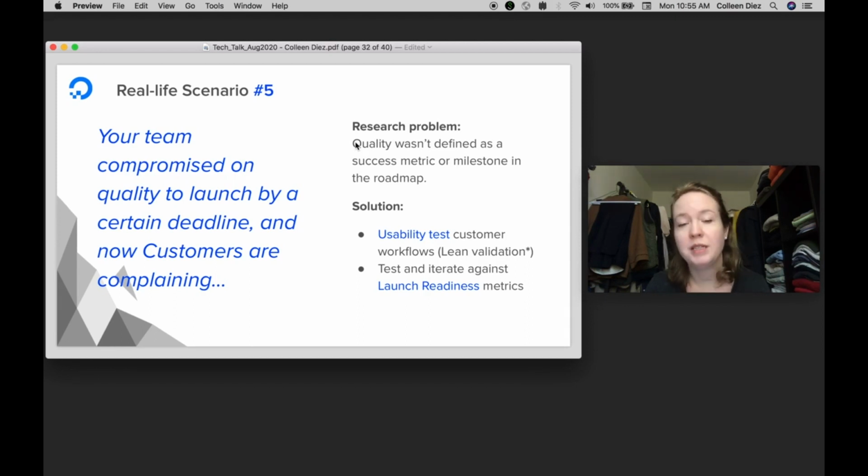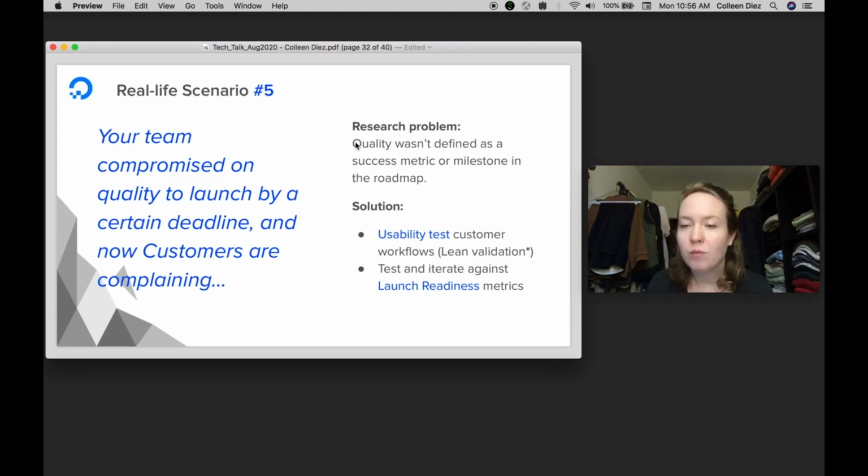The first, pretty simply, is usability testing your customer workflows, even doing lean validation. I'm not going to go into detail about that because other folks from DO have done those talks. Like Rafa has a great talk about painless and efficient ways to do usability testing. So I'd say go watch his talk if you want more info about that.